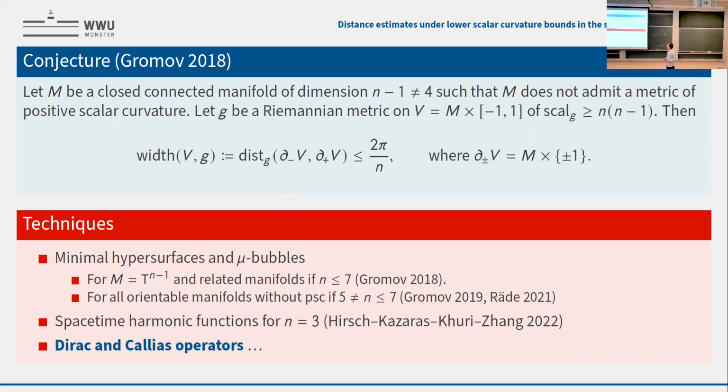What's bad about dimension 5 is that there are special obstructions coming from gauge theory, from Seiberg-Witten invariants in dimension 4, which obstruct positive scalar curvature, but they die if you take a product with the real line or a circle.